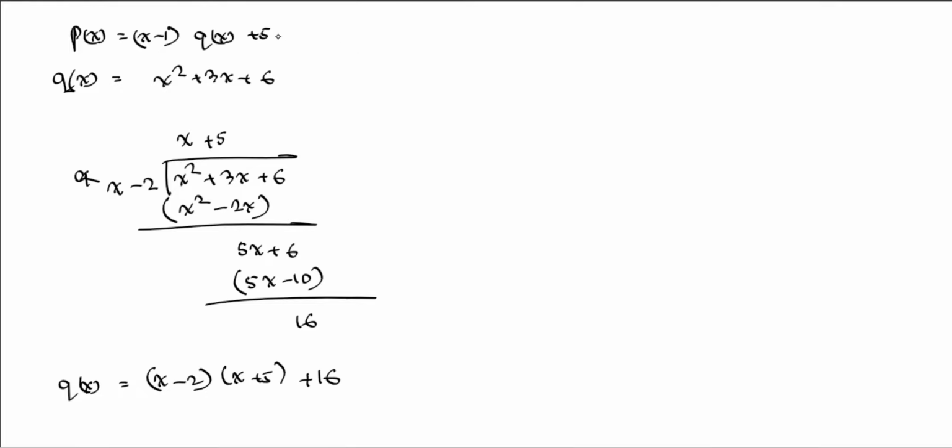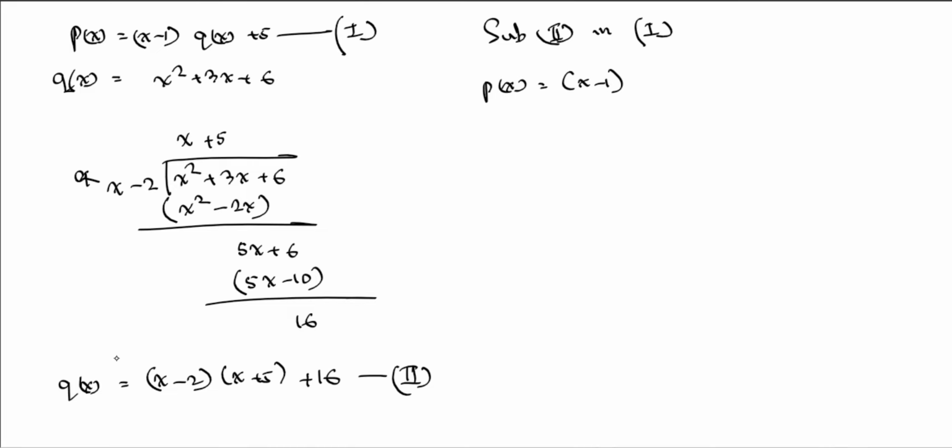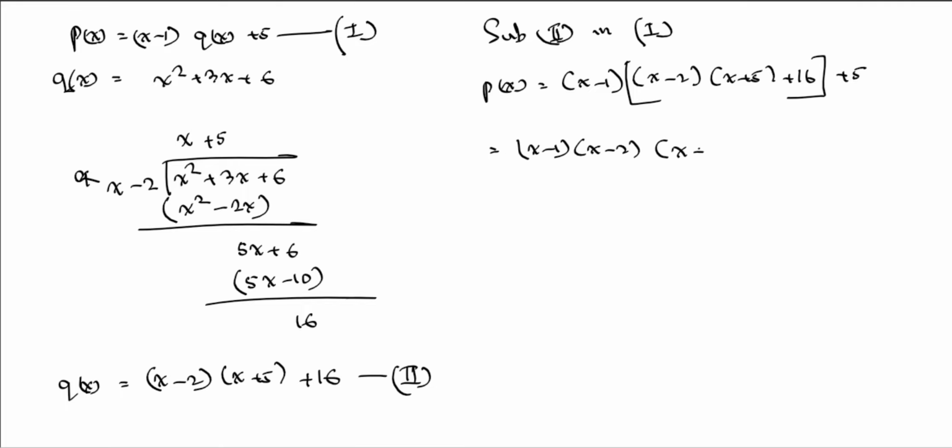Now if you consider the first as equation 1 and this as equation 2, we can substitute 2 in 1. You will get p(x). Wherever you have q(x), you can put this. So this is (x minus 2)(x plus 5) plus 16, and then the plus 5. Now open brackets: (x minus 1)[(x minus 2)(x plus 5) plus 16] plus 5.